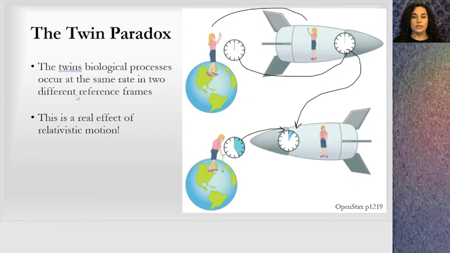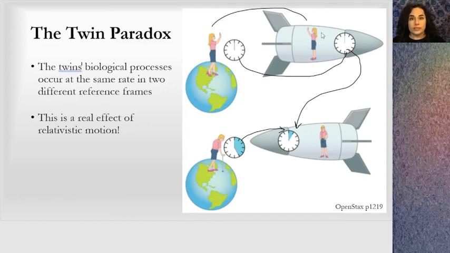And what you will see is the twins' biological processes occur at the same rate in 2 different reference frames. So it is true, they're identical. Their biological processes, their rate of aging is the same.